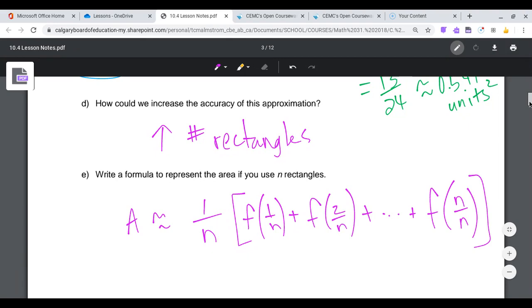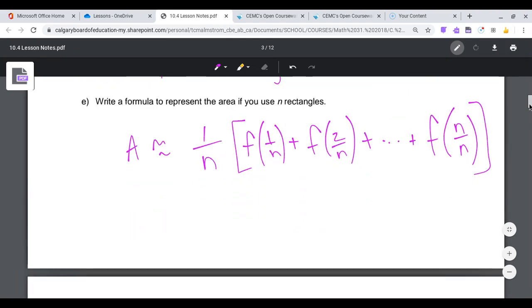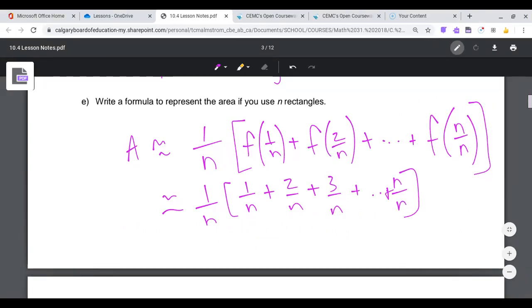Okay? And then we know, because we're working with y equals x, that I could have this be equated to 1 on n plus 2 on n plus 3 on n plus dot, dot, dot, n on n. And I could take out another nth from that, like in the last example, which left me with 1 plus 2 plus 3 plus dot, dot, dot, plus n.